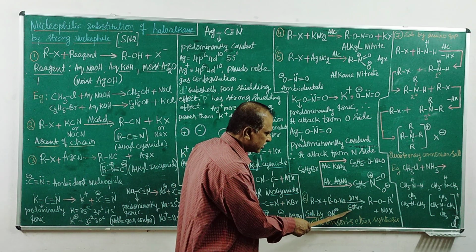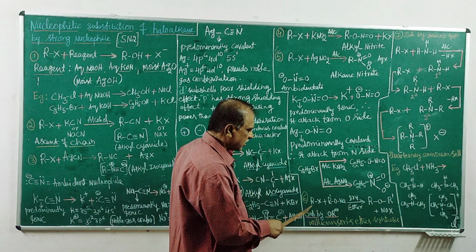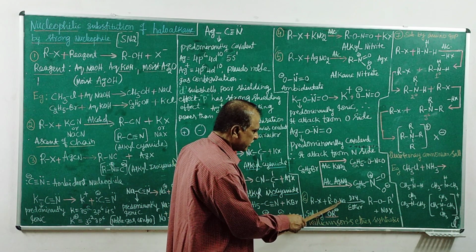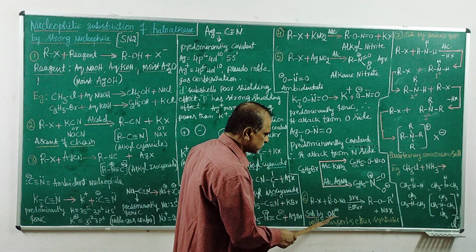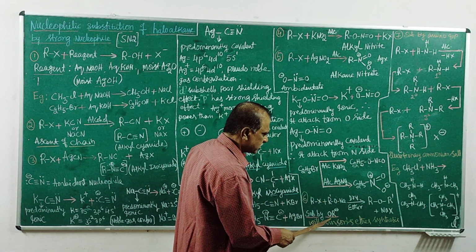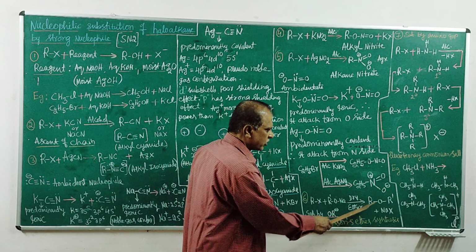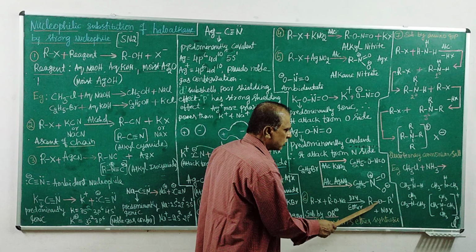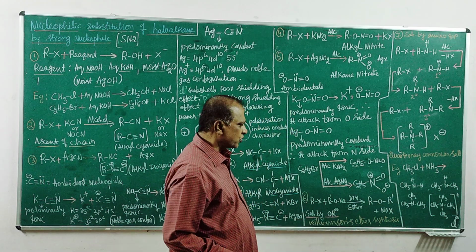In dry ether medium, not containing any water, it attacks the alkyl halide, forming NaX as a byproduct, and OR minus is substituted, forming ROR.